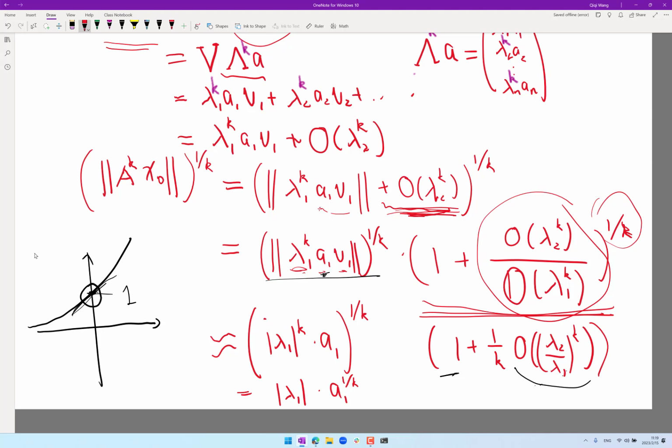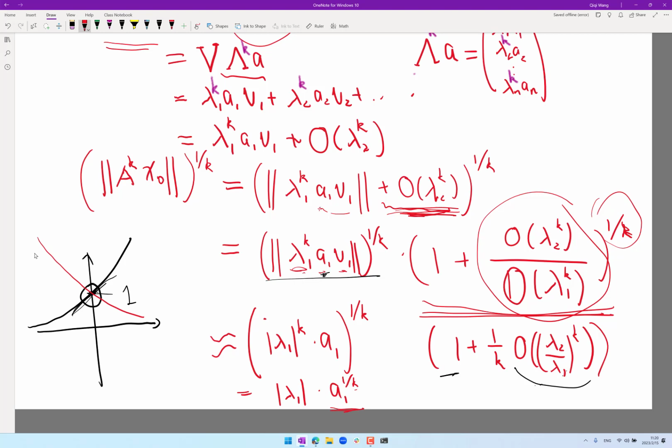Again, this is an exponential function with a base of a1. Maybe a1 is less than 0, in which case the exponential function looks like that. But no matter what it is, as k goes higher and higher, this approaches a linear function.